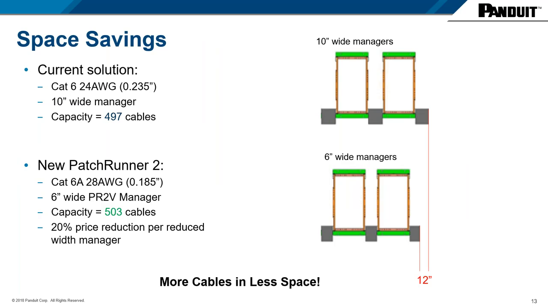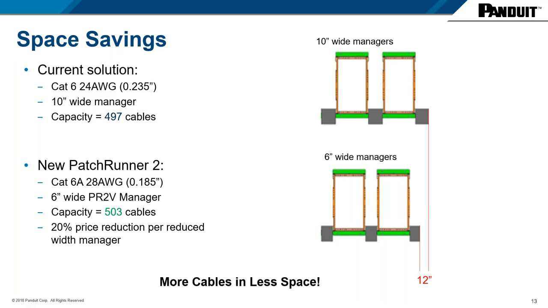Now, I wanted to show a quick scenario of how this can save floor space and maybe some cost as well. In the current solution, say we're using Cat 6 24 gauge patching with 10-inch wide managers. With that solution, you can manage just under 500 cables per manager.